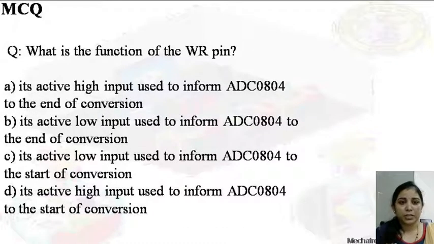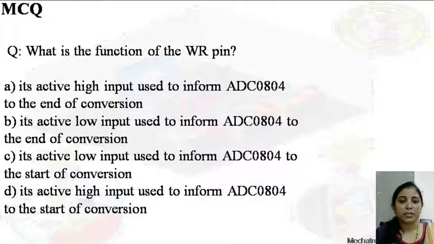The next question is, what is the function of the WR pin? You all know that WR stands for write pin. The first option is it is an active high input used to inform ADC 0804 to end the conversion. Second option is it is an active low input used to inform ADC 0804 of the end of conversion.